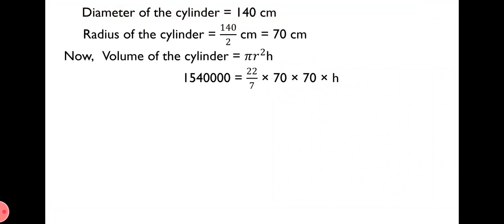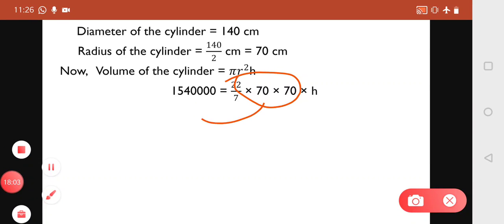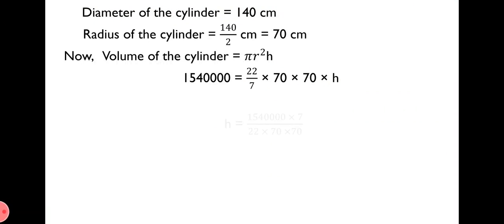Now to find h, we will transpose all these numbers to this side. So multiplication will become division and division will become multiplication. Therefore h equals 15,40,000 into 7 upon 22 into 70 into 70.